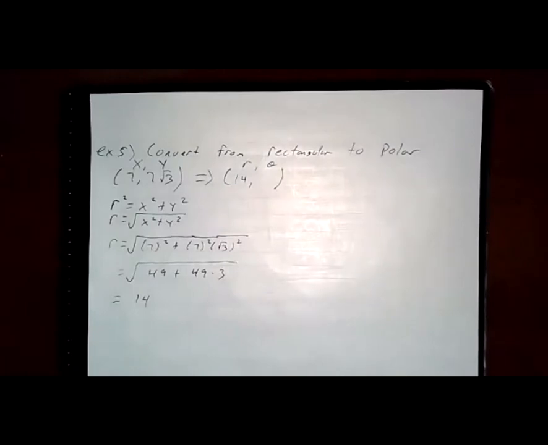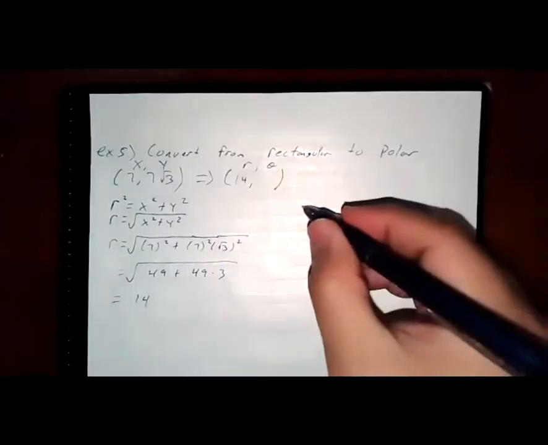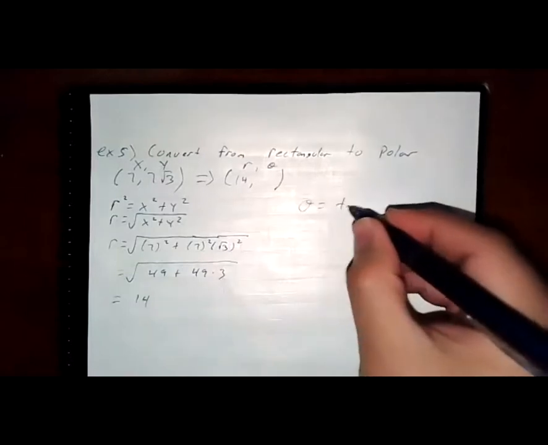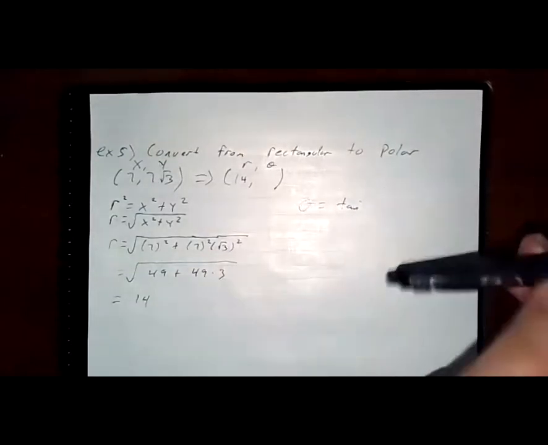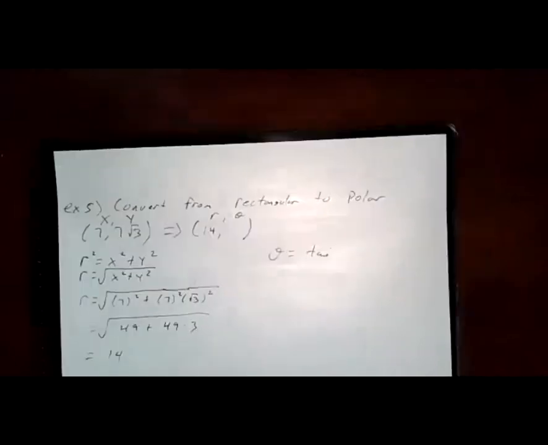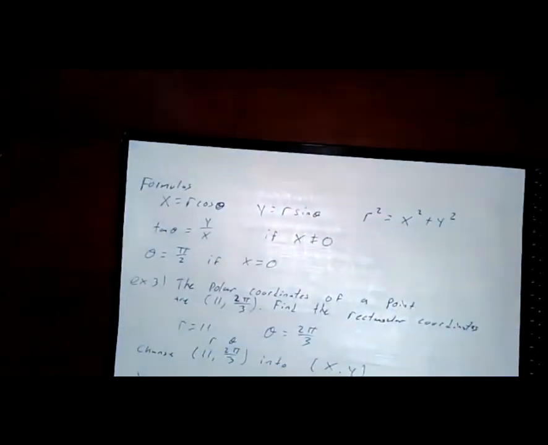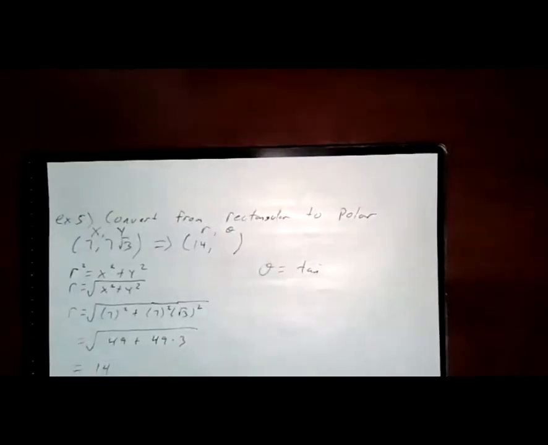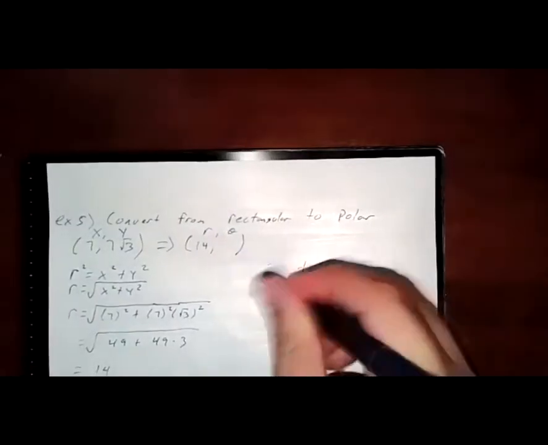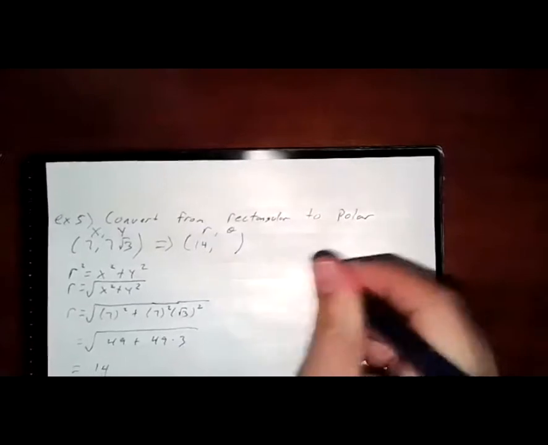So earlier we said that theta is equal to tangent. Well, actually, let me double check the formulas I gave you. So tan theta is equal to y over x. So we can make another formula ourselves by solving for theta.